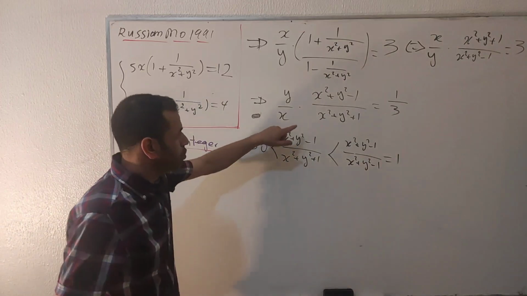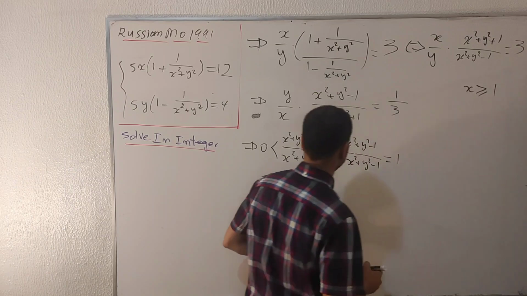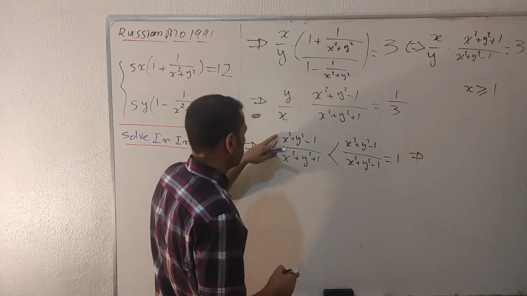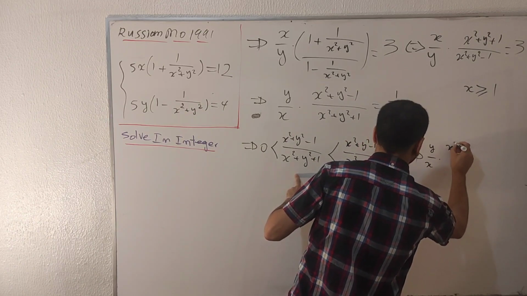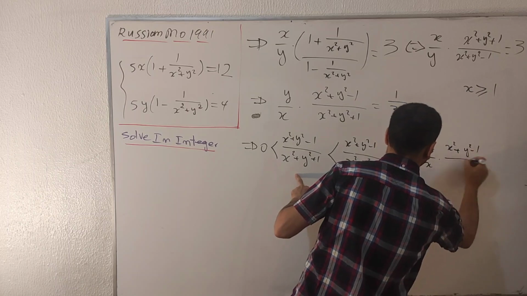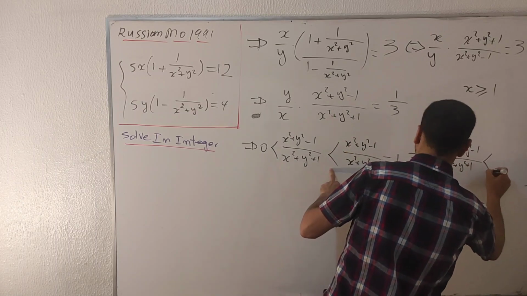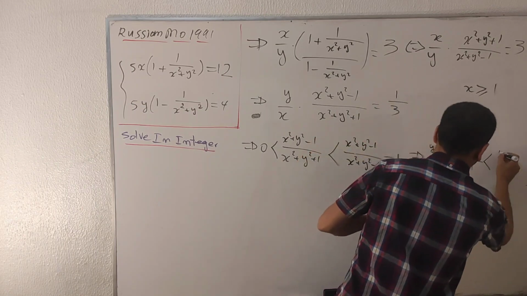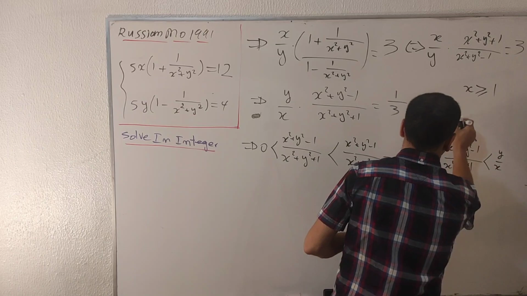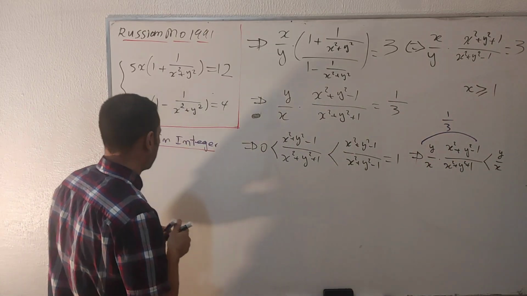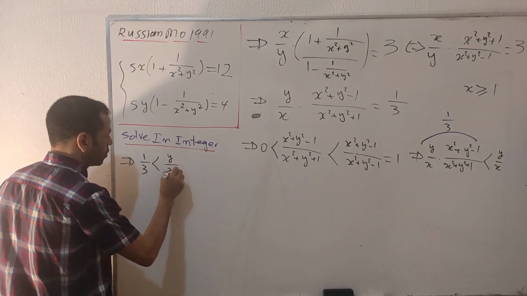So I'm going to multiply both sides by y over x. Keep in mind x is always superior or equal to 1. So I will have here y over x multiplied by x squared plus y squared minus number 1 over x squared plus y squared plus number 1 is strictly inferior to y over x. The whole thing equals 1 over 3. Which means 1 over 3 is strictly inferior to y over x.